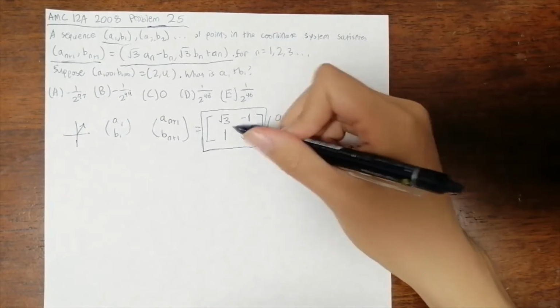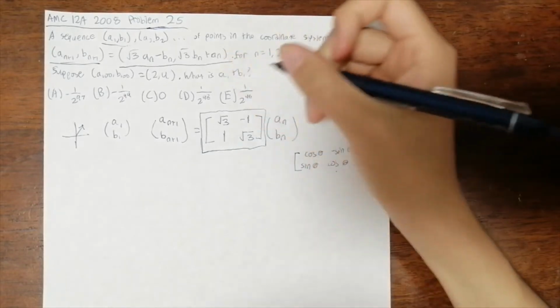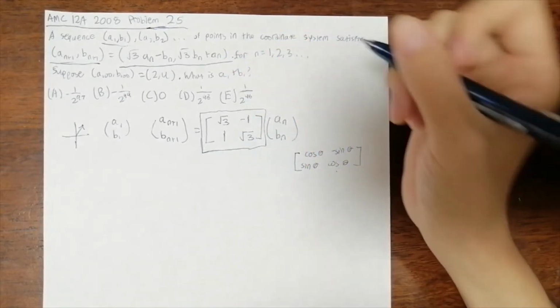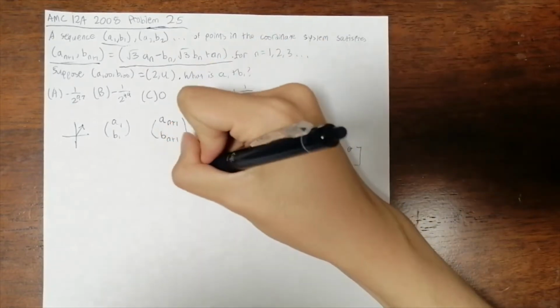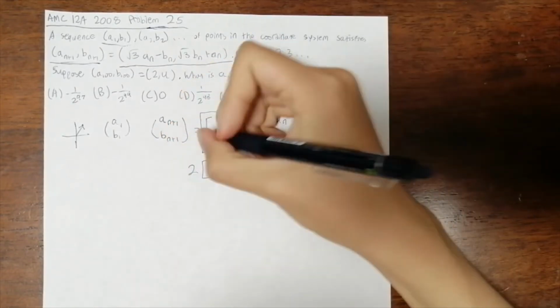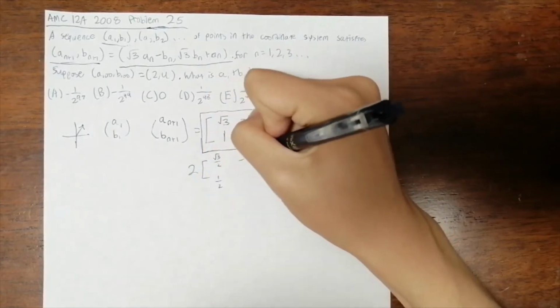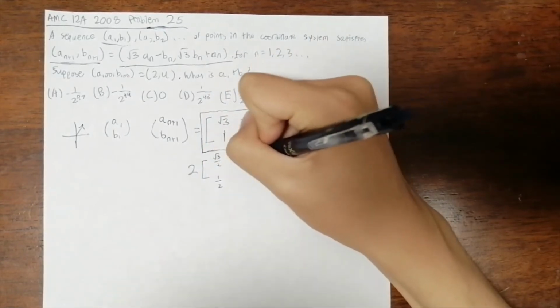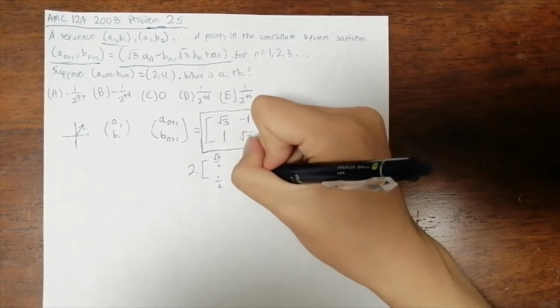This doesn't match any of the trig values, but what we can do is divide it by 2, because scalars multiply into matrices. So if we factor 2 out, this is the same as 2 times the matrix root 3 over 2, 1/2, negative root 3 over 2, negative 1/2, and root 3 over 2.